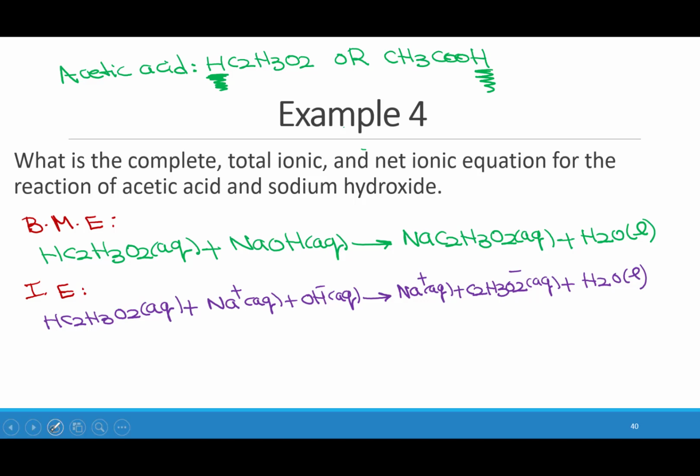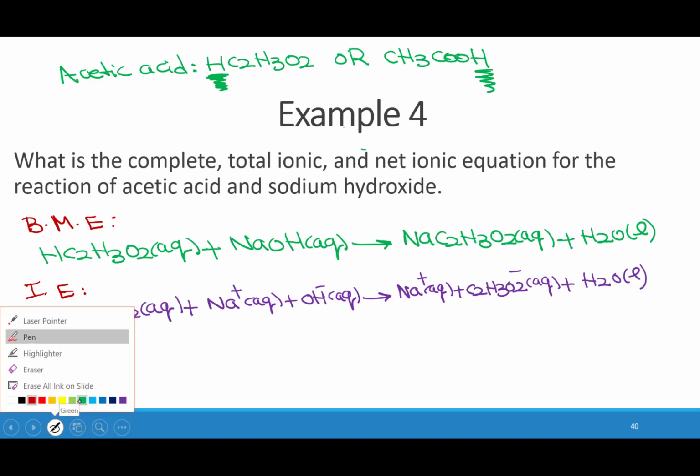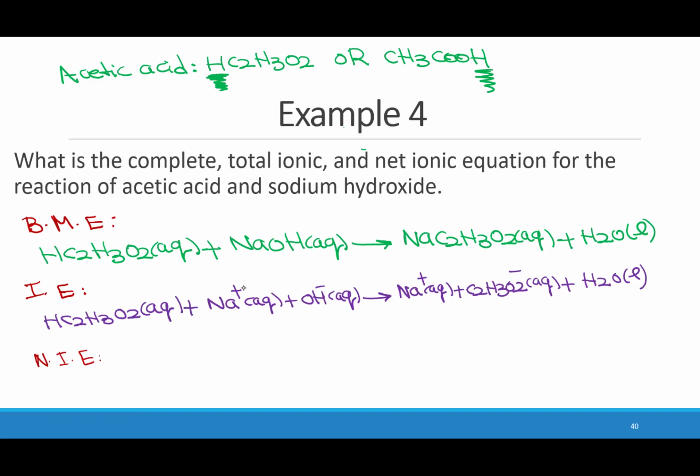Alright, now that we know what our ionic equation is, let's write the net ionic equation. To do that, let's look for spectator ions. We only have one, and that's sodium ion. Everything else will not cancel each other out.